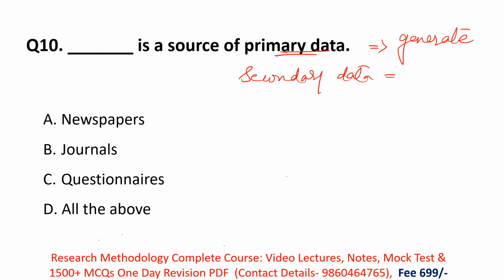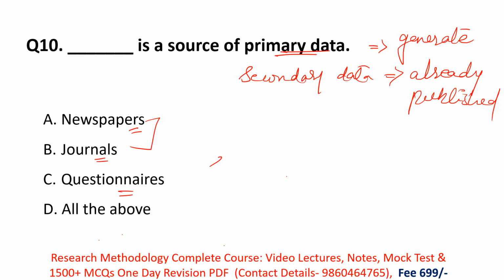And secondary data means already published data, where researchers put their data in newspapers, journals, articles. So newspapers and articles are sources of secondary data, which is already published.